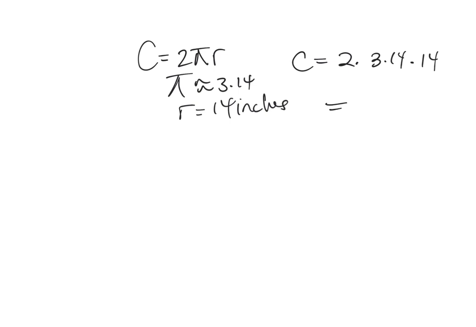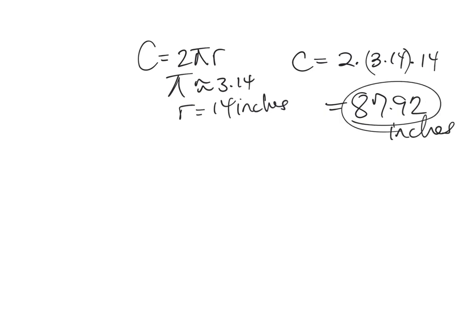We multiply 3.14 by 2 and then by 14, and we have 87.92. So the circumference of that circle is 87.92 inches.